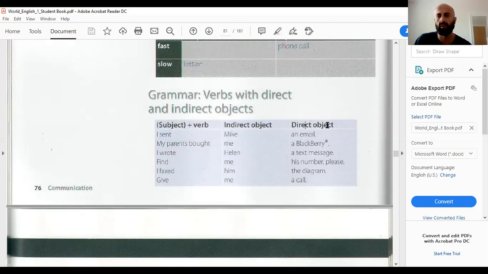So the direct object should answer your question for what. And the indirect object should answer your question of who, actually to whom, the one who is indirectly affected by this action. So I sent an email to Mike, and you can ask to whom I sent an email, then it will be Mike.